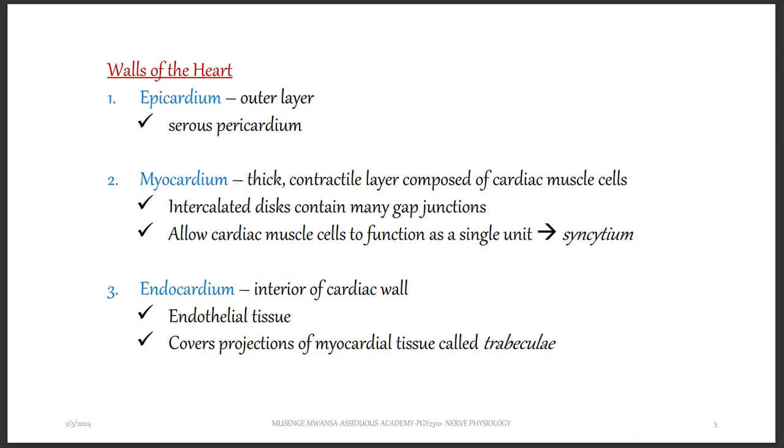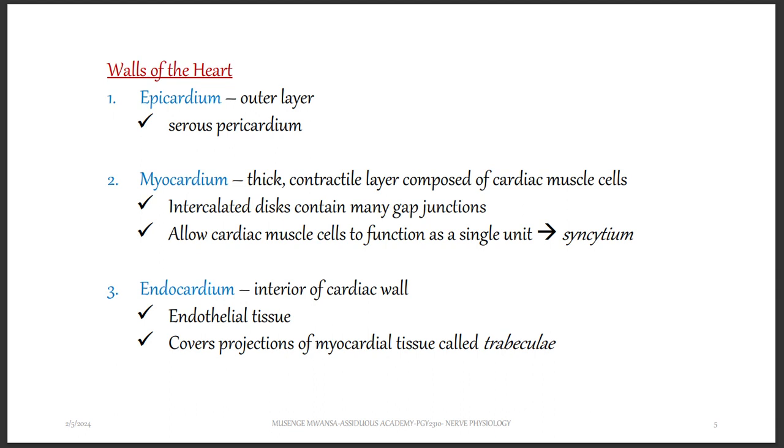And then we also need to understand the walls of the heart. As we've said, we have that layer from the serous pericardium, which is the epicardium, and then we also have the myocardium, and then the inner layer that surrounds the heart is the endocardium.